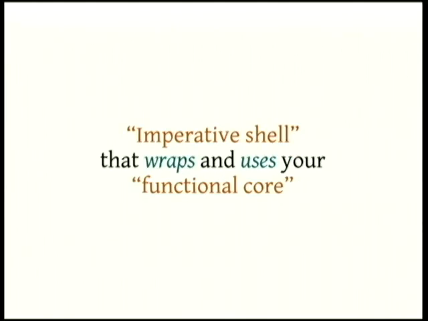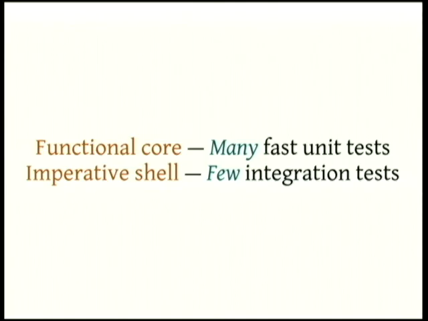His terminology is a little different than Uncle Bob's, but works in much the same way. An imperative shell at the top level that does I/O that wraps and uses your functional core. Functional core, because it takes and returns data, can have lots of fast unit tests, exercising directly all the ways it could fail, all the conditions it has to detect.